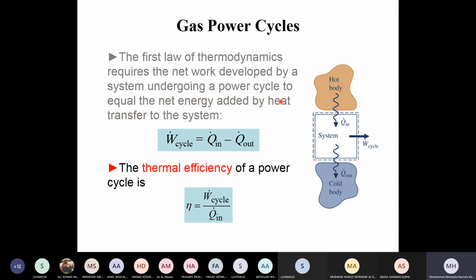Okay, today we are going to consider what's in chapter 9, gas power cycles.